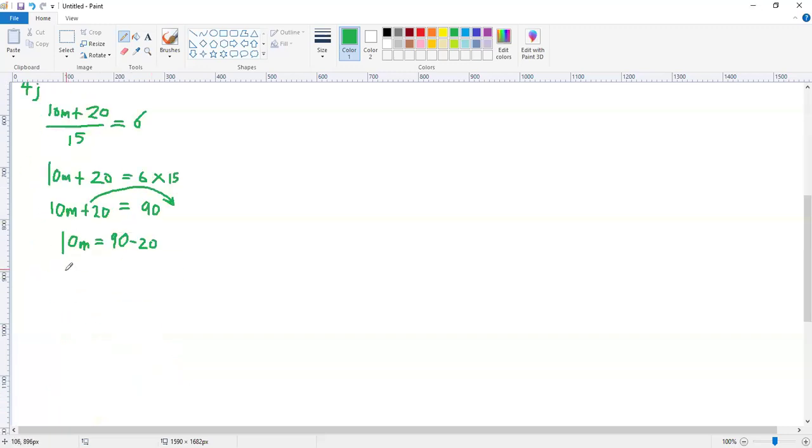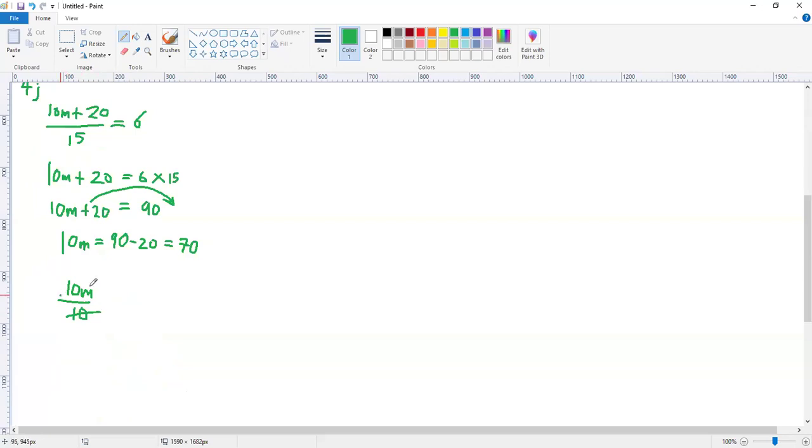So that we will have, okay, let's just put equals 70. So we know what we have up there. So if we divide both sides by 10, it tells us that m is going to be equal to 7, because 70 divided by 10 is 7.